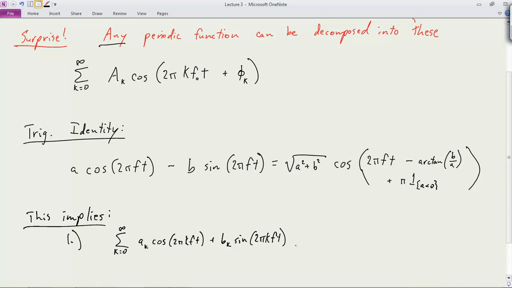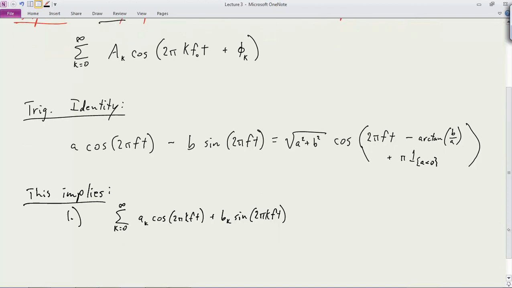All right, and this would also be sufficiently general to reconstruct anything, because we could just convert any shifted cosine, we can convert it to an A and a B. There's an equivalence here. So if we could reconstruct something from cosines of the form on the right, then we could also reconstruct any signal we want from cosines of the form on the left if we so wanted to.